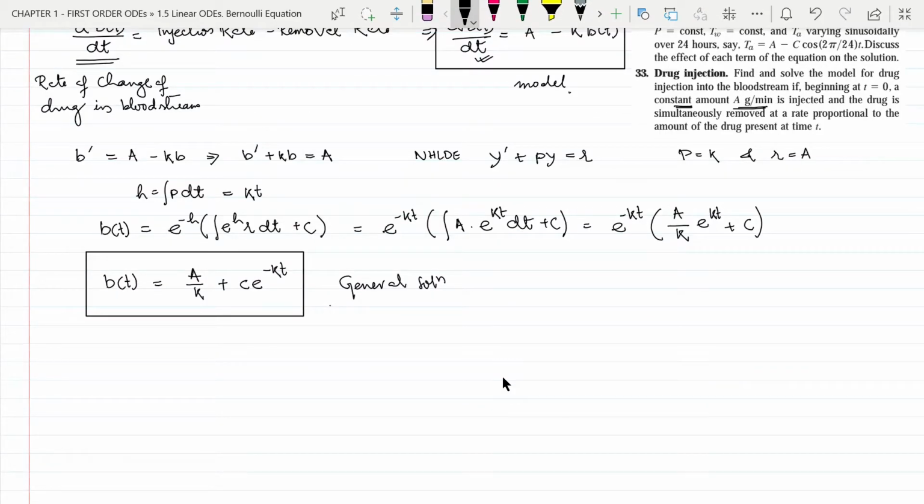Next, it is given in the question that beginning at t equal to 0, constant amount was being injected into the bloodstream. That means exactly at t equal to 0, there was no drug in the bloodstream. So we have an initial value condition, which is at t equal to 0, the amount of drug in the bloodstream equal to 0.